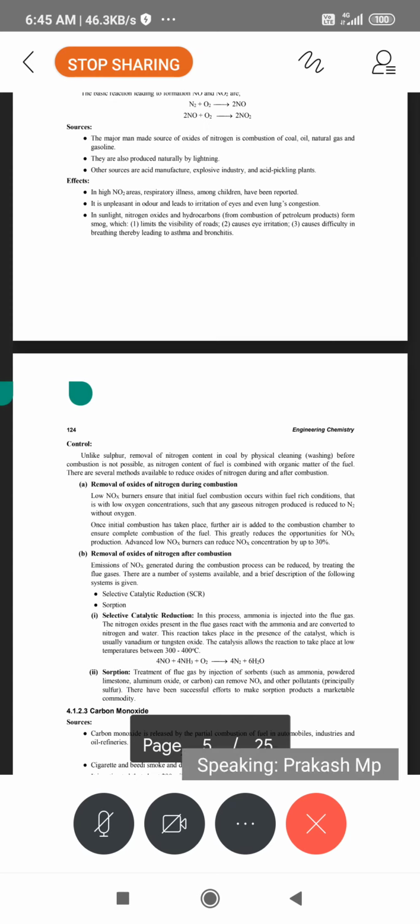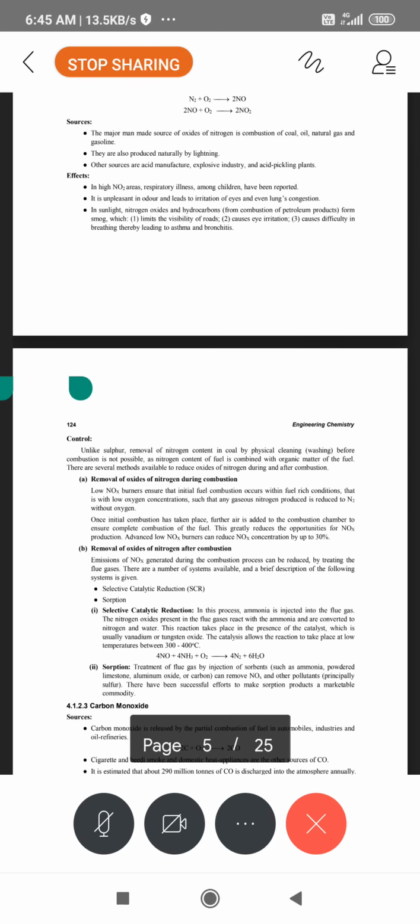This irritation means that when it enters the atmosphere, it automatically enters animals and plants also. In animals, it causes irritation and infection of the eyes, nose, throat, bronchitis, and lungs.